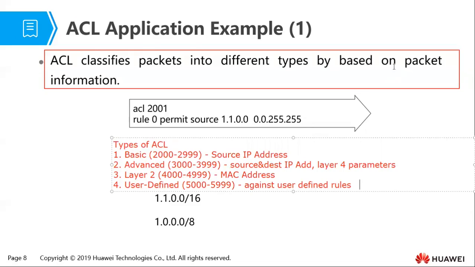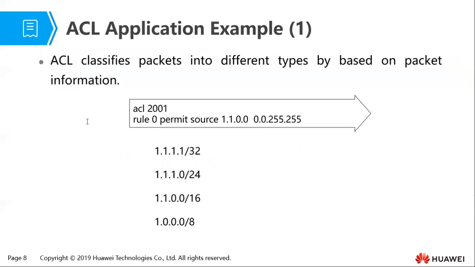Now, as we know, ACLs will match rules rule by rule. Each rule has a number which uniquely defines the rule. So for example, here we are creating a basic ACL, ACL 2001.